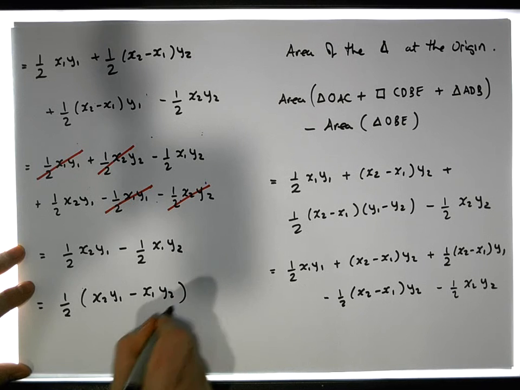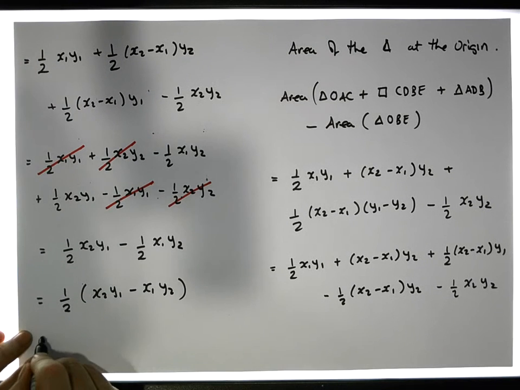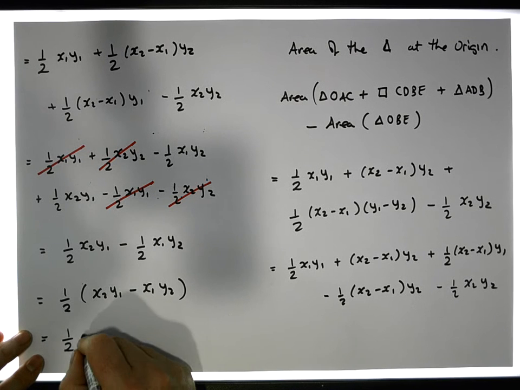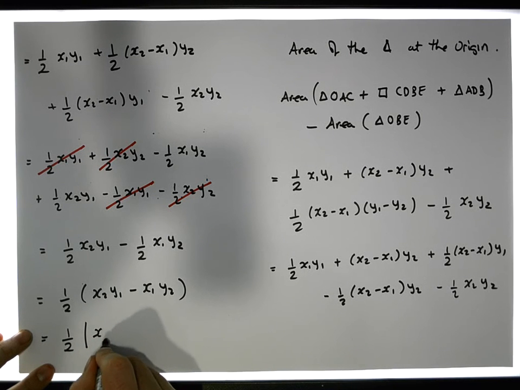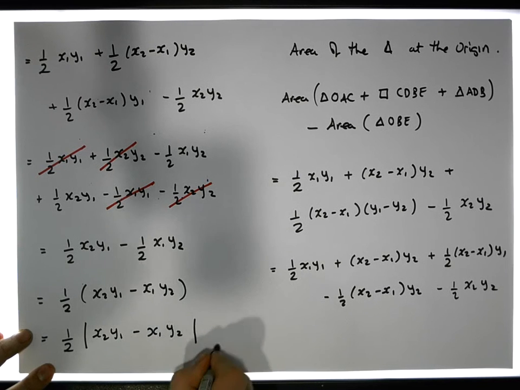Let's keep in mind that areas are always positive, so this is a half of the absolute value of x2 y1 minus x1 y2, which is our formula.